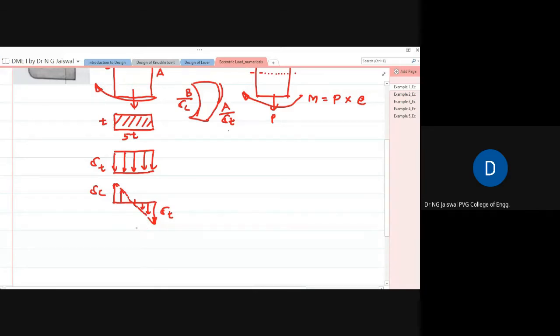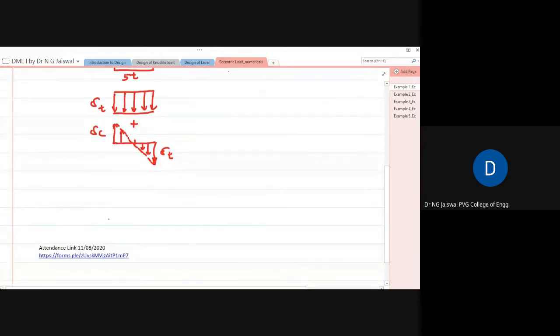Okay. Now, if I add these two stresses, what I come to know is that A fibers on the extreme right side are subjected to sigma t here also because of the force P, and sigma t here also because of this moment. That's why you can do a direct addition, and the resultant is something longer. This is now the addition of these two stresses on the extreme right. Whereas here, one stress is sigma t and the other stress is sigma c.